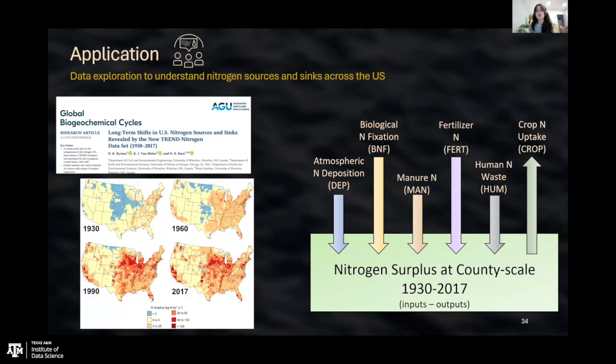And with this, I was talking about the trend data sets earlier. This was the first publication of it. With this data set, we took the time to understand how nitrogen sources and sinks, the sources being the nitrogen going into the landscape, and sinks what's coming out, have changed throughout time and space.